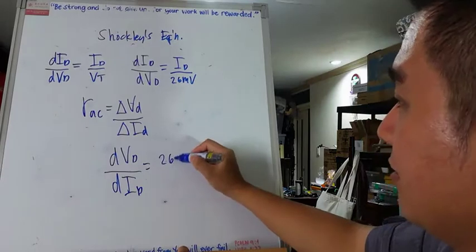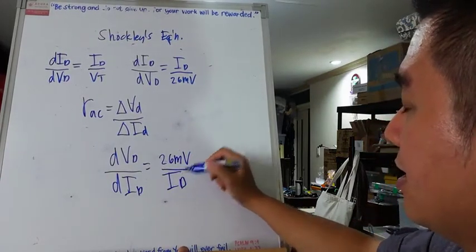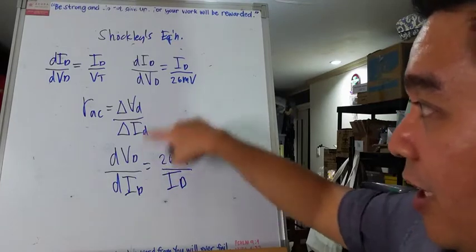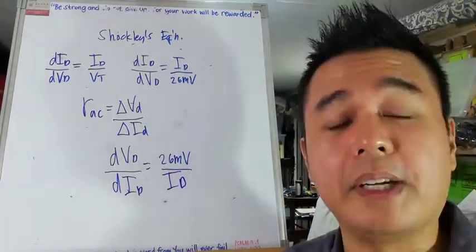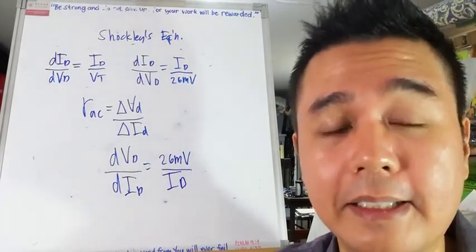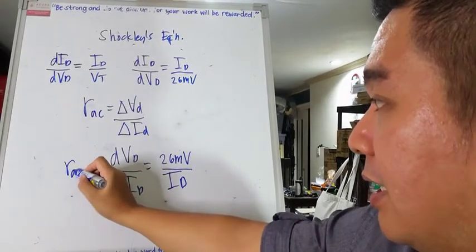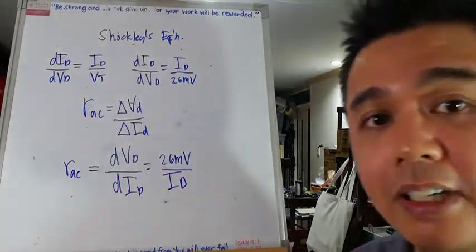So, we have 26 millivolts divided by I sub D. E di ba't pareho lang yan? Don't mind the subscripts, no? Pareho lang yan, because we're getting the AC resistance. So this is equal to R sub AC. Alright?